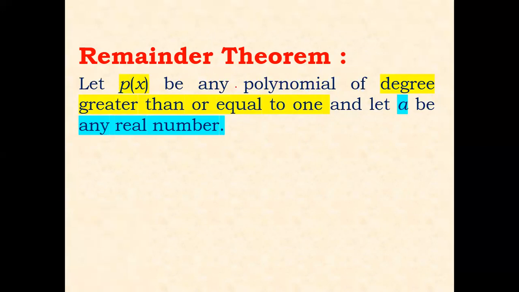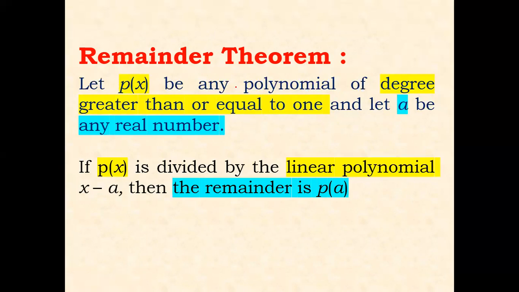Now next we have, if P(x) is divided by the linear polynomial x minus a, then the remainder is P(a).